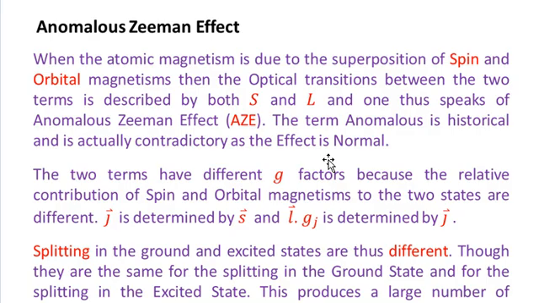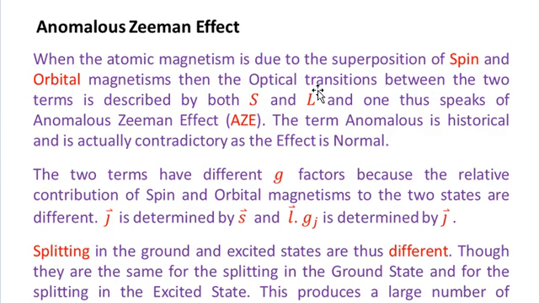You see that when we talked about the ordinary Zeeman effect, I talked about pure orbital magnetism. Pure orbital magnetism means that only the orbital angular momentum capital L was present there, and the spin angular momentum was zero. Consequently, the orbital magnetic moment was present in the ordinary Zeeman effect, and the spin magnetic moment, which we denote as mu S, was absent.